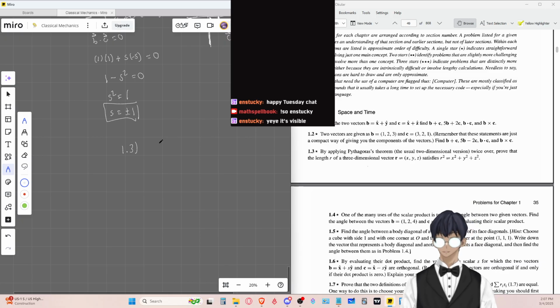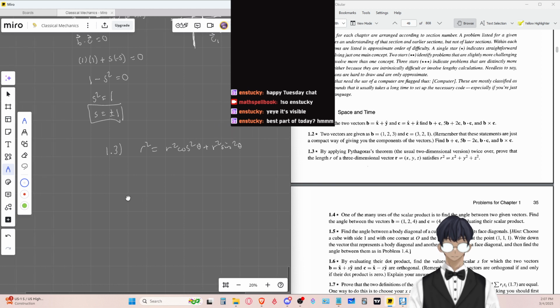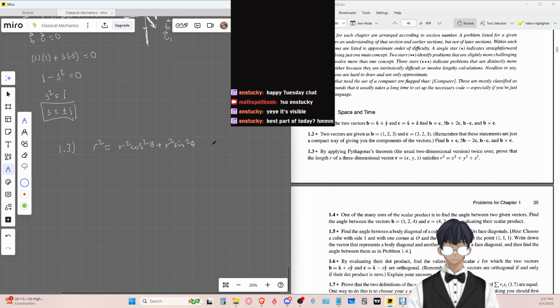It's visible? Okay, cool. My idea for this was to change everything into polar coordinates, so let's drag this over here so it's better to see.